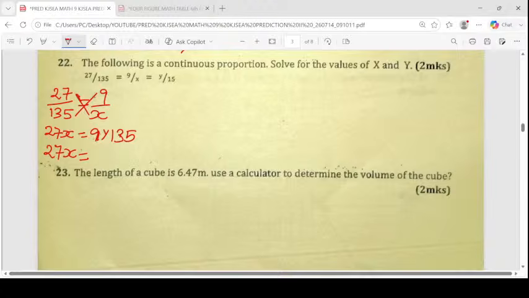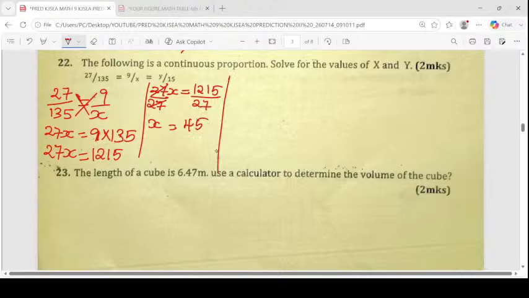What is 9 multiplied by 135? When you take 9 times 135, you're going to get 1215. So when you have 27x being equivalent to 1215, to get the value of x, you divide through by 27, also here by 27. This and this cancel, you get x is equal to 1215 divided by 27, which gives you 45. So the value of x is 45, dear learners.